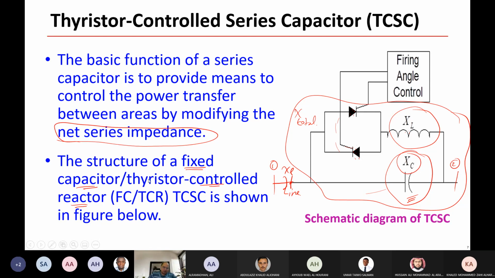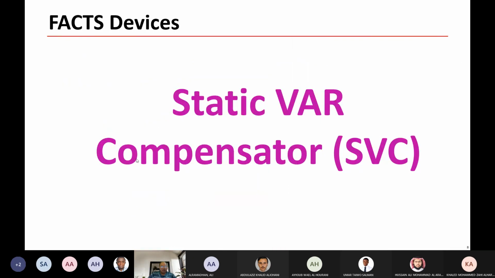So this is one of the structures that you can have, shown in the figure below. By controlling the firing angle of this thyristor, you can control the amount of XL or the duration of XL to be in the circuit, and this will be reflected in the net XC, and eventually this line has a variable reactance now.